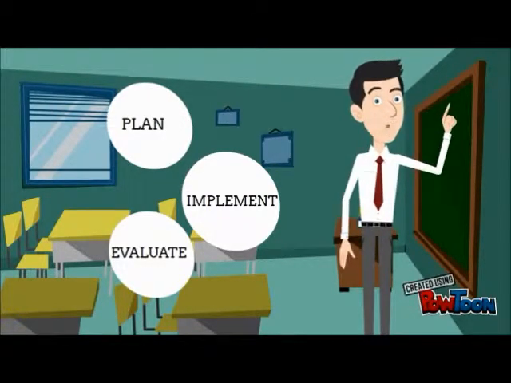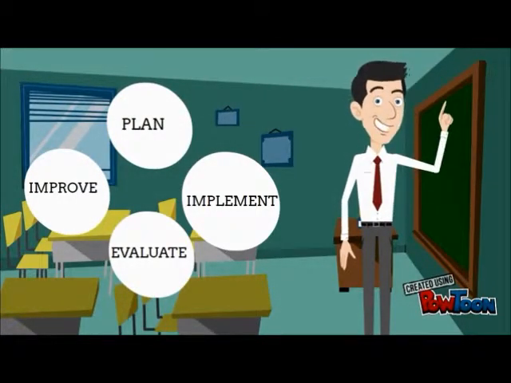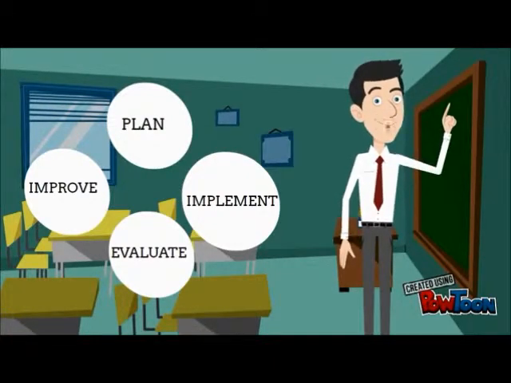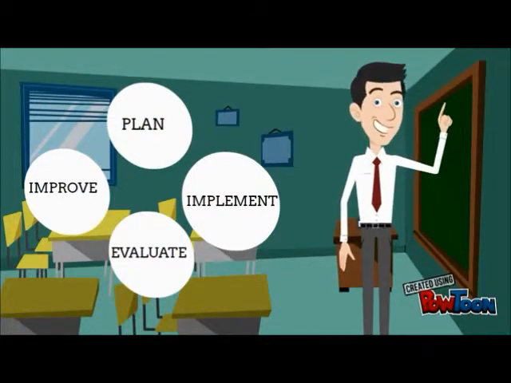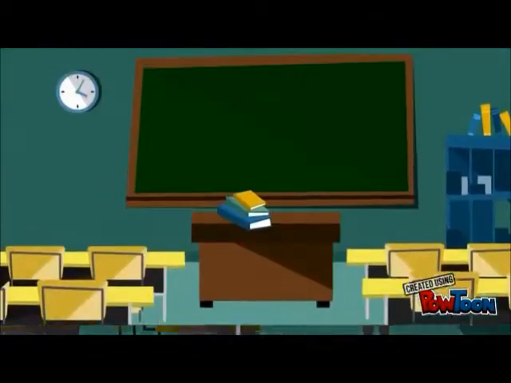We will do that in order to get information about what we have done and to be able to improve. Next time, we will use what we have learned to make an improved plan. We will implement this plan and we will evaluate it again to be able to keep improving. So this process becomes a cycle.